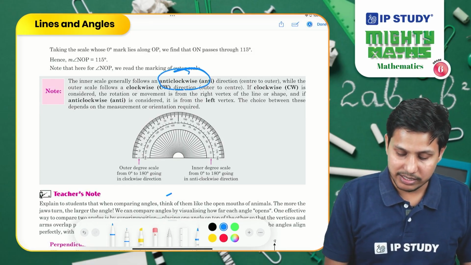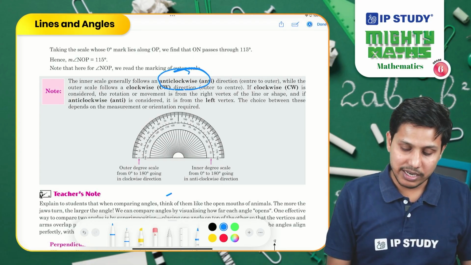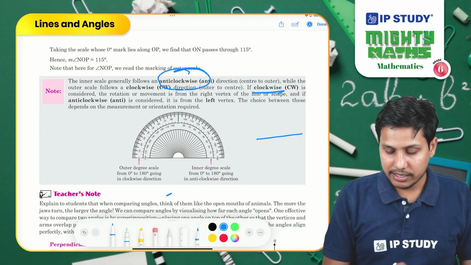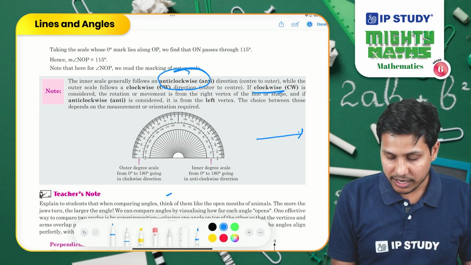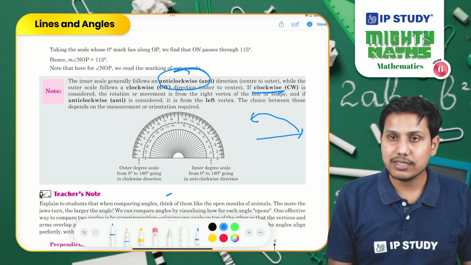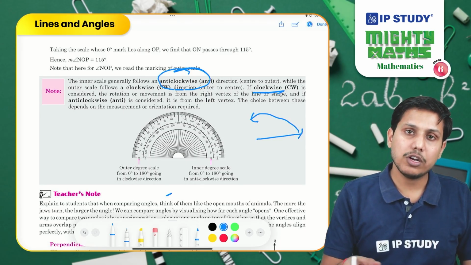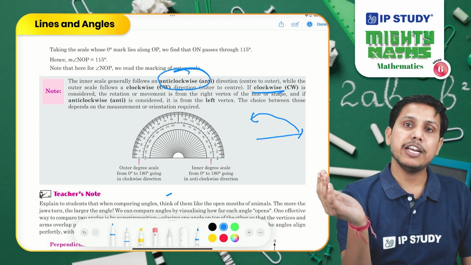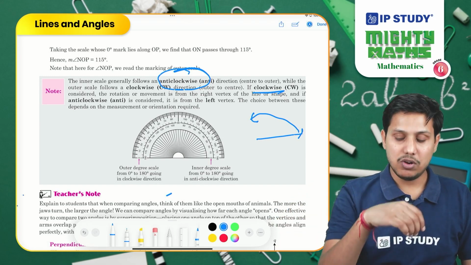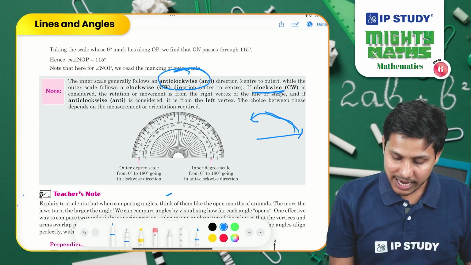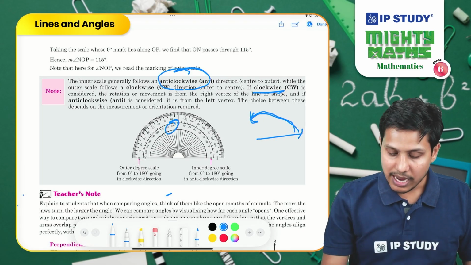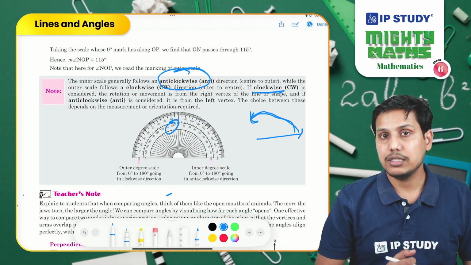an anti-clockwise direction. And what is anti-clockwise direction and what is clockwise direction? If we have a ray like this, and it rotates in this direction, it is anti-clockwise, because a clock rotates in this direction. So if something is rotated opposite to that, it is called anti-clockwise. When an angle is rotated in the anti-clockwise direction, we use the inside values of the protractor.